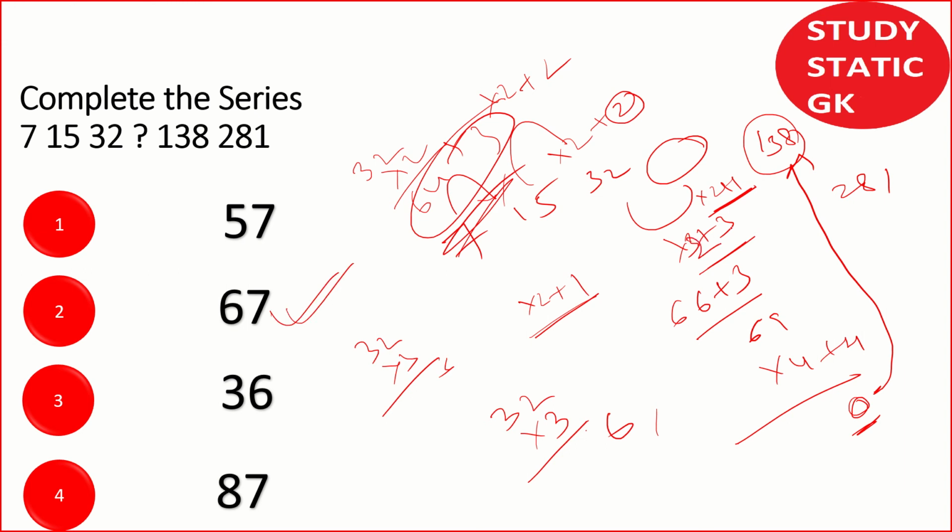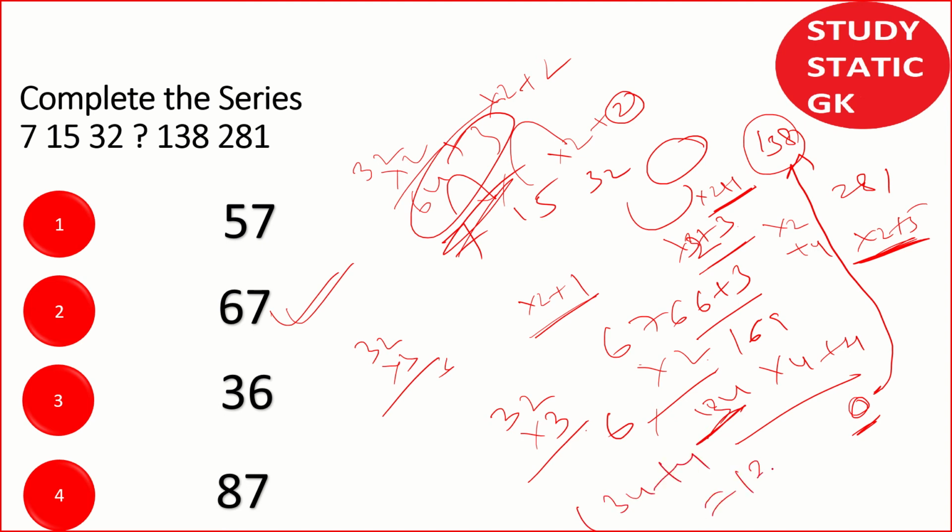Into 2 plus 3, into 2 plus 4, into 2 plus 5, like that is the series. So again 67 into 2 is 134. 134 plus 4 is equal to 138. That means here we are getting 138, so this is the answer.